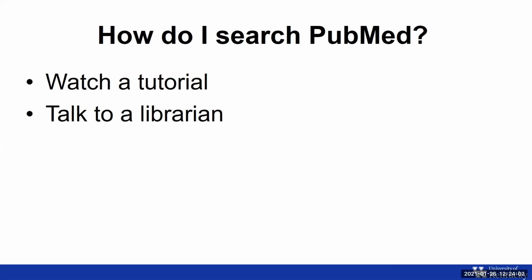There's a lot of things going on with PubMed. You have to understand the MeSH database and understand how to combine searches using the Boolean operators and truncation, things like that. And fairly recently, there was a new version of PubMed that came out, less than a year ago.